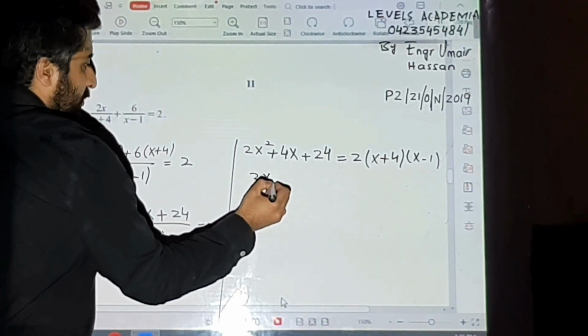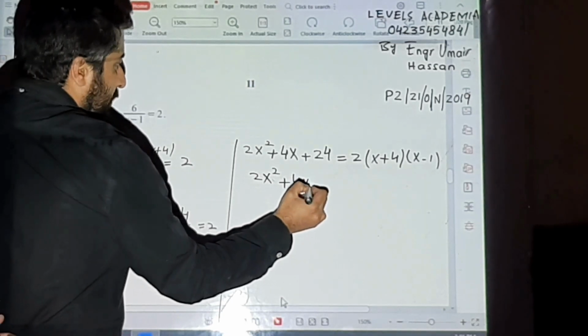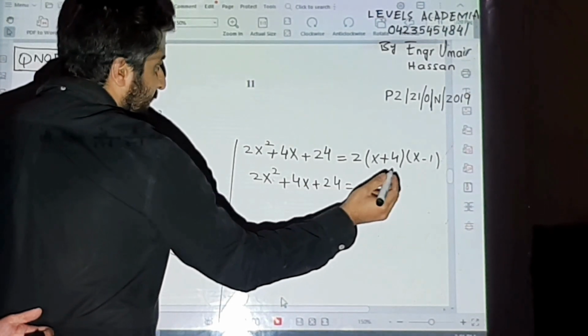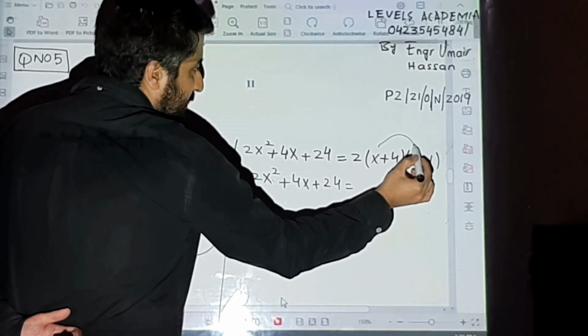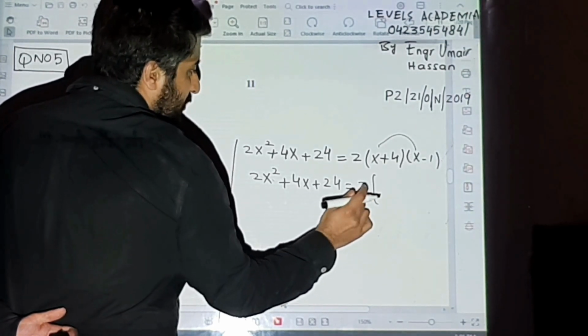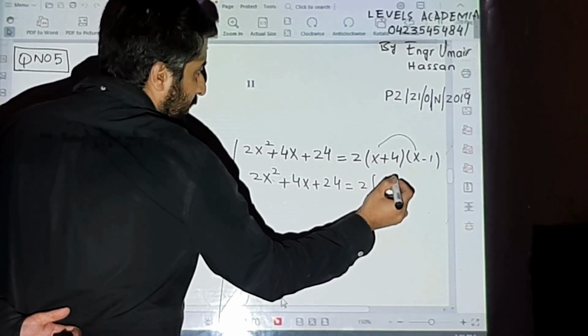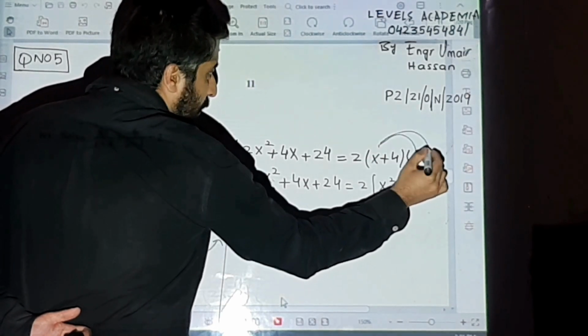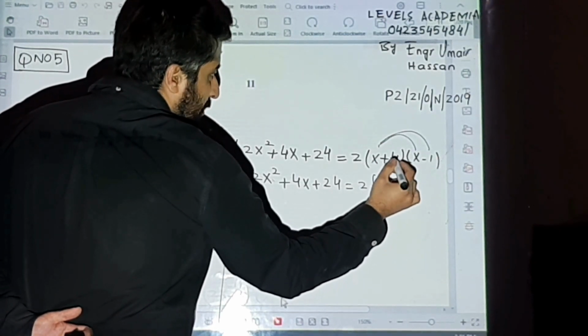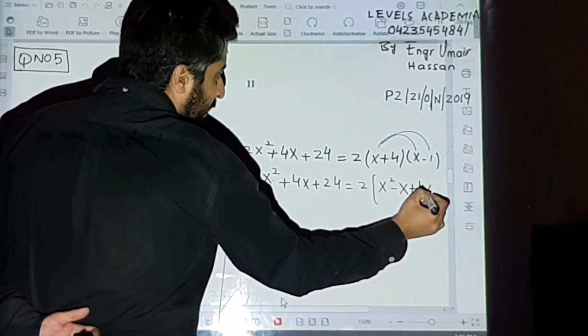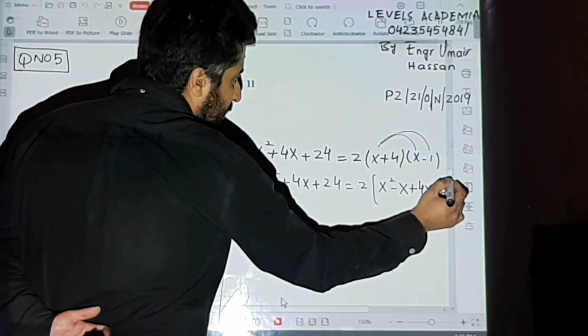Now, on the left side we have 2x square plus 4x plus 24, while on the right side you need to multiply the brackets. X into x, keep 2 outside, x into x is x square, x into minus 1 is minus x, 4 into x is 4x and 4 into minus 1 is minus 4.